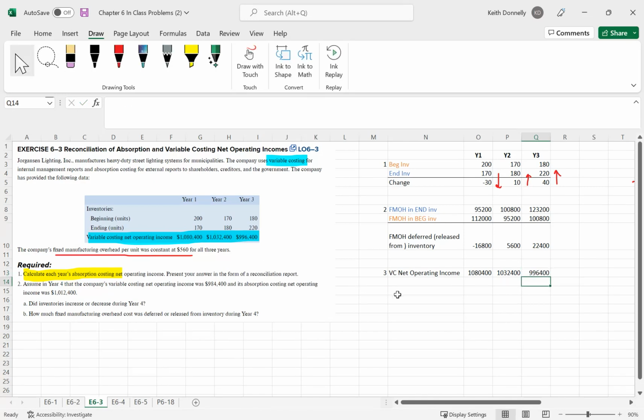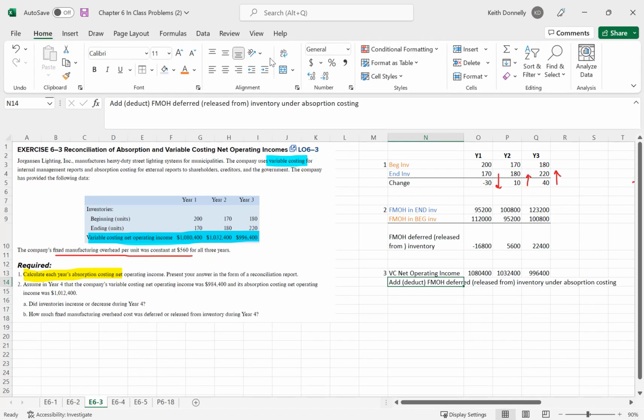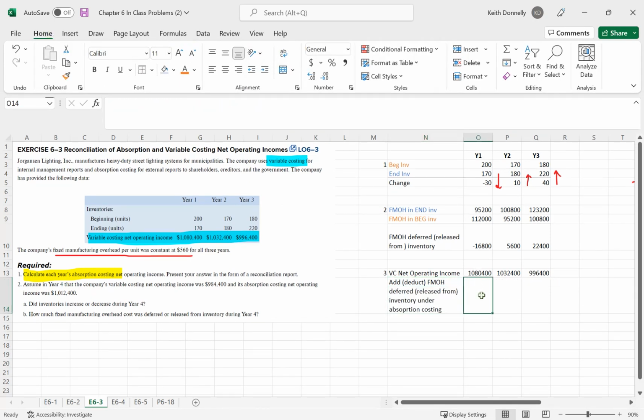Next, we're going to add, if it's a positive up here, or deduct, if it's a negative up here, our fixed manufacturing overhead that was deferred or released from our inventory under absorption costing. Let me wrap this here. All right, we can just link this.